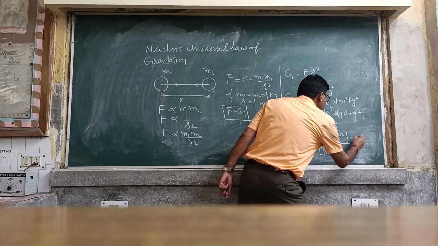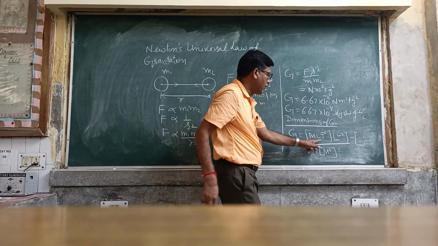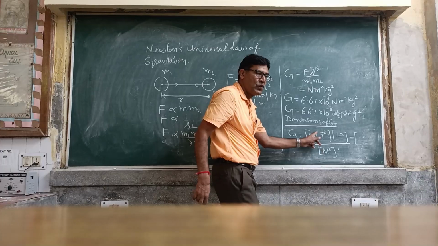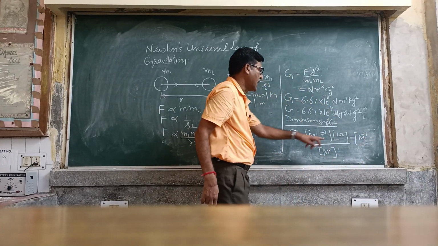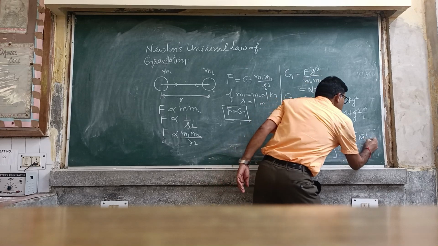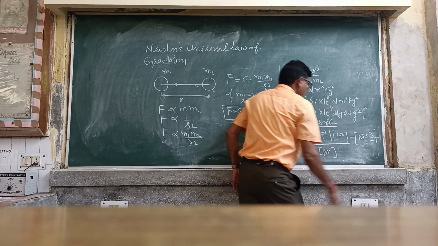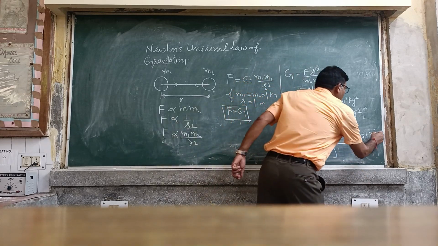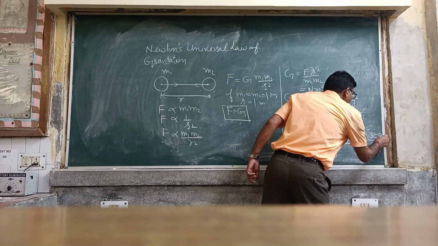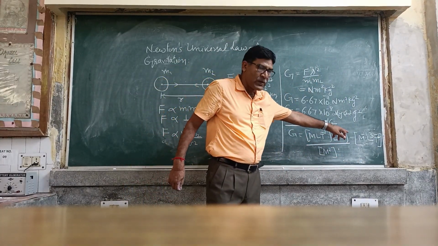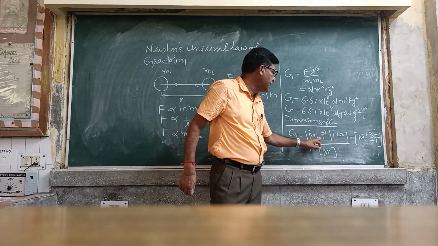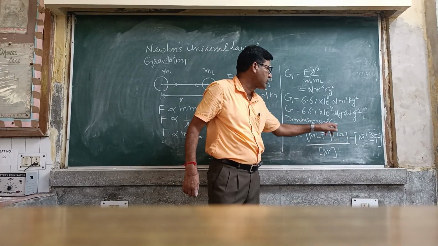So you can write M minus 1, L 3 and T minus 2. So the dimensional formula of the gravitational constant is M minus 1 L 3 T minus 2.